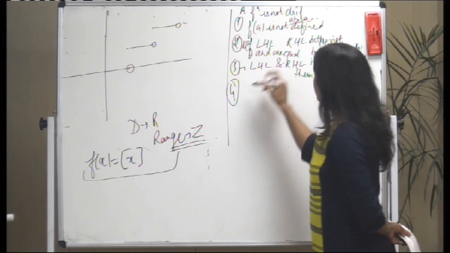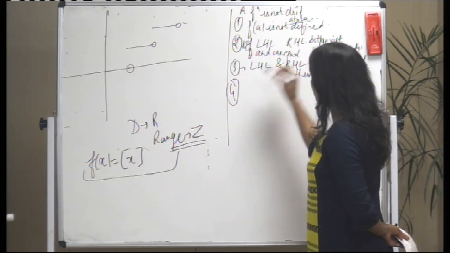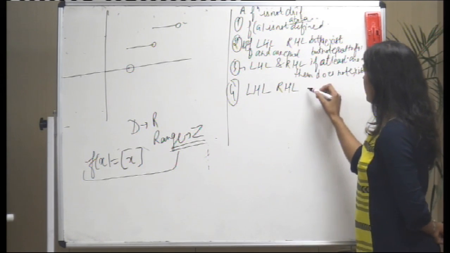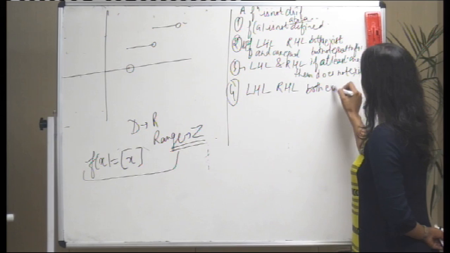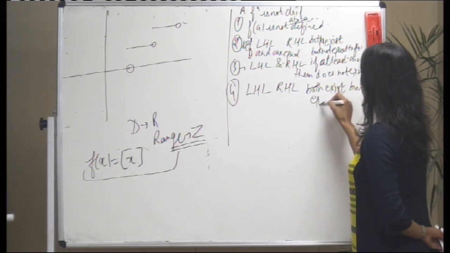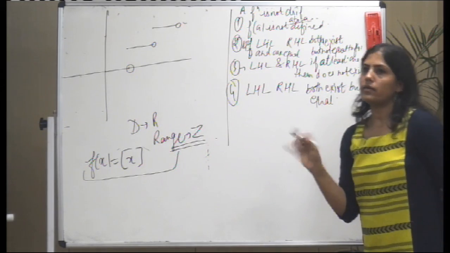The last point is that RHL and LHL both exist but are not equal. These are the four conditions where you say that the function is discontinuous.